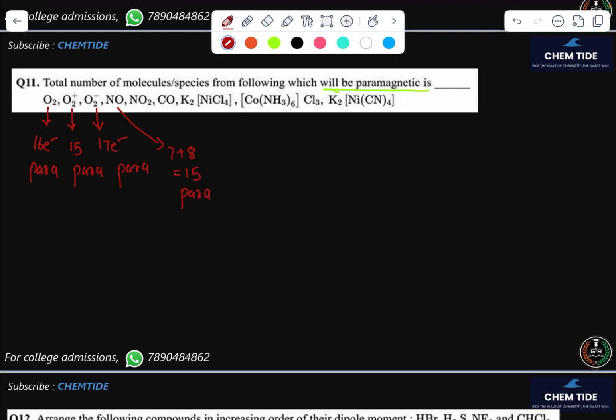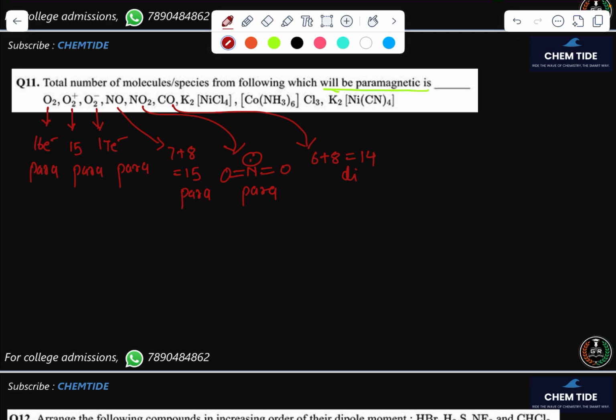So basically when we have an odd electron count, it's paramagnetic, including the 16 electron one. NO2 has one odd electron left, it becomes para. Carbon monoxide is 6 plus 8, 14, it's dia.